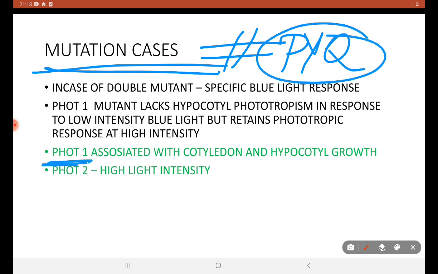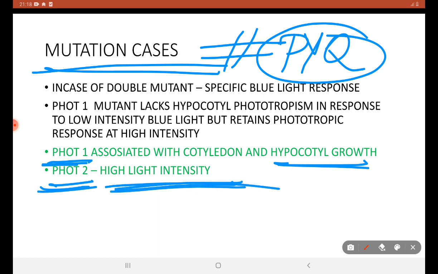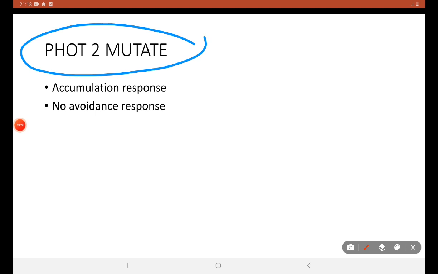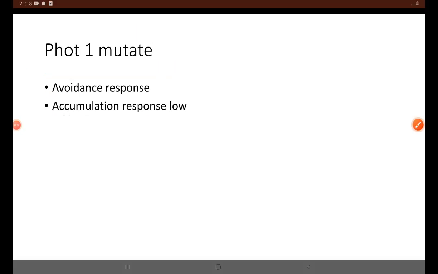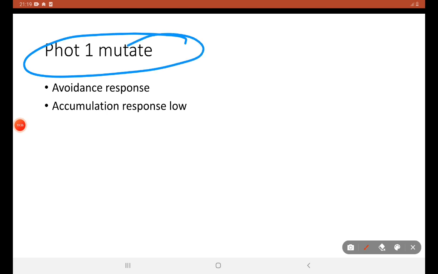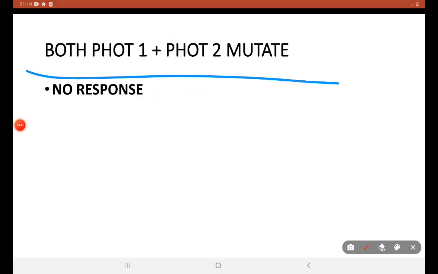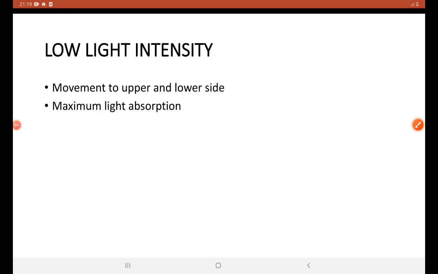Phot1 is associated with hypocotyl growth. Phot2 is associated with high light intensity. What will happen if Phot2 mutates? They will undergo accumulation response. Phot1 mutates, avoidance response. Both mutate, no response.